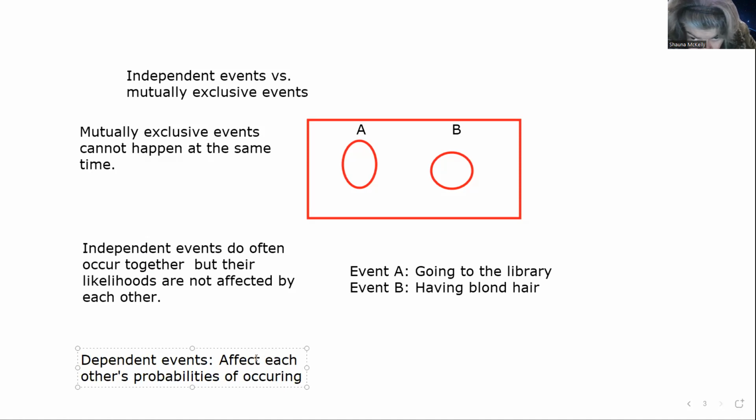Okay. So for example, event A is staying up for 24 hours.